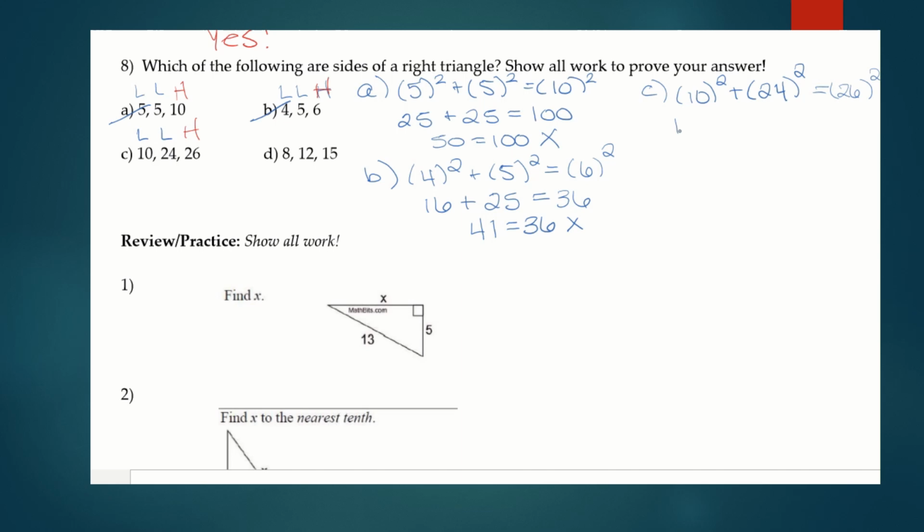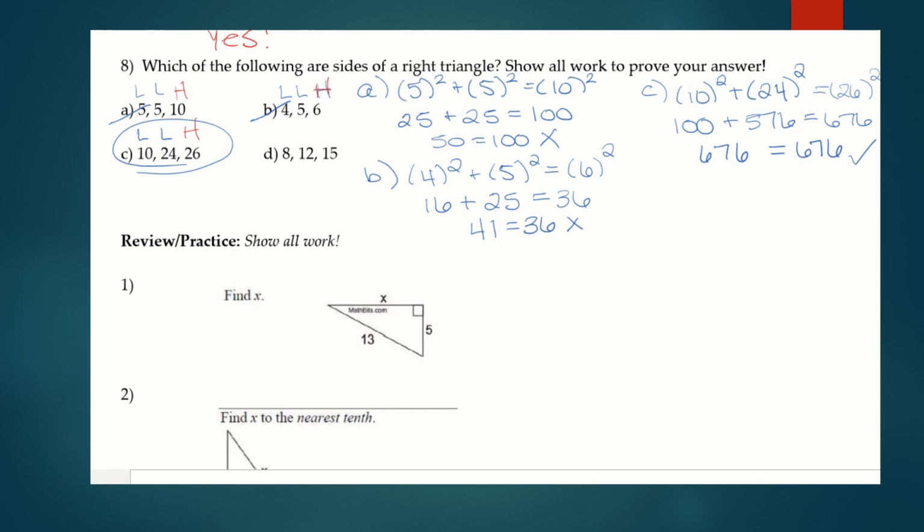All right, 10 squared is 100, plus 24 squared. 24 squared is 576. Does that equal 26 squared? 26 times 26 is 676. Ooh, this looks promising. 100 plus 576 does give us 676 on the left side, which matches the 676 on the right. Yay! You don't even need to worry about D.